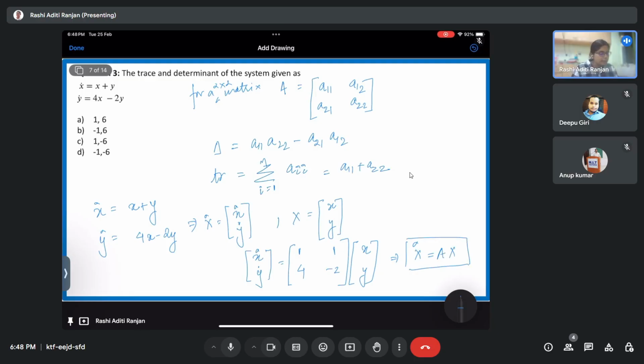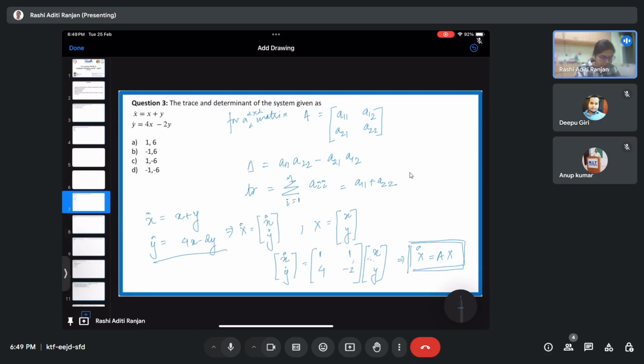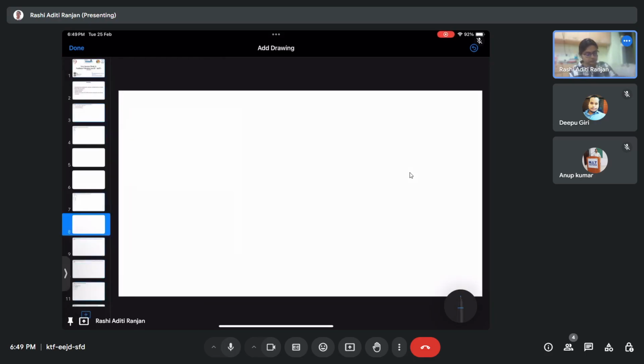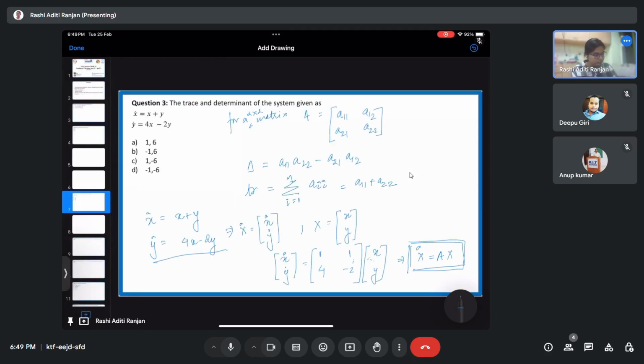When you multiply these two matrices, you are going to get nothing but the same equation. But now I can write it as a single equation and it becomes easier for me to express this. So now I have A, which is 1, 1, 4 and minus 2.